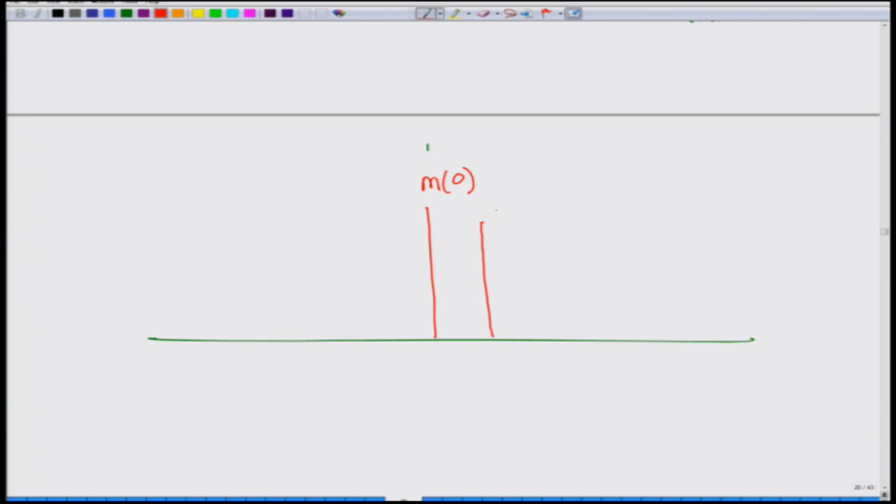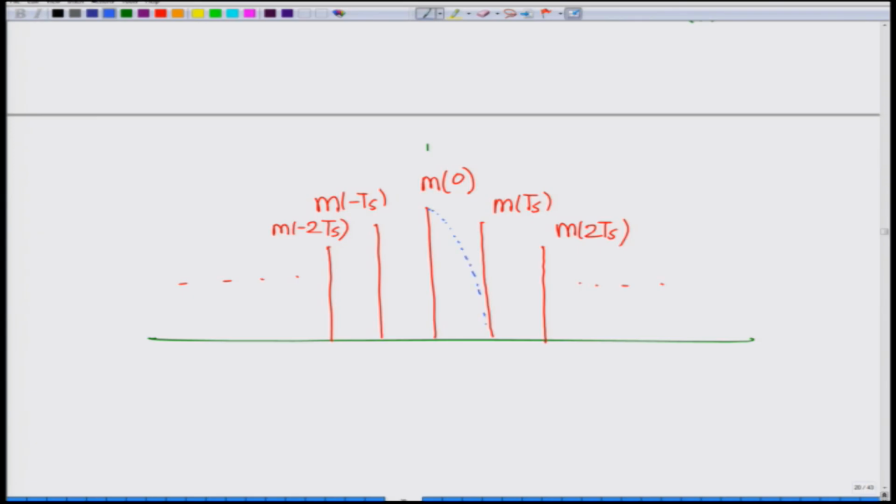This is your sample m of Ts, this is your sample m of 2Ts, and so on, and this is your sample m of minus Ts, this is your sample m of minus 2Ts, and so on. Now, what you are doing, you are shifting the sinc to Ts, scaling it by m of nTs or m of 0, and then you are superimposing this sinc. Okay. So, you are taking the sinc, scaling it by m of 0, sinc amplitude at 0 is 1.